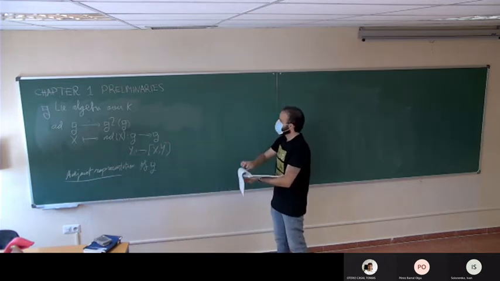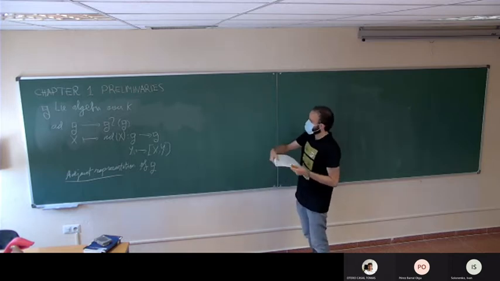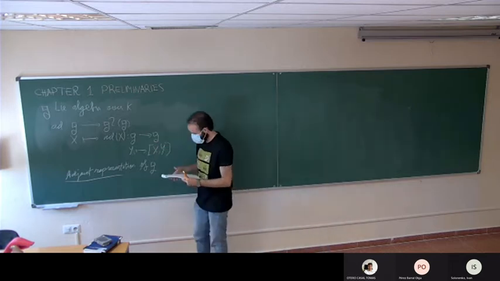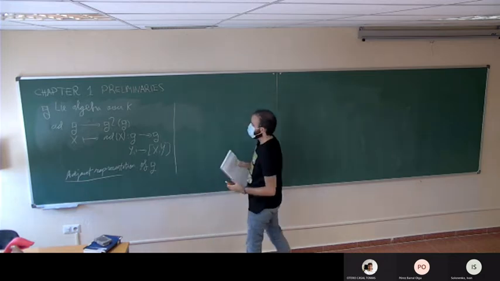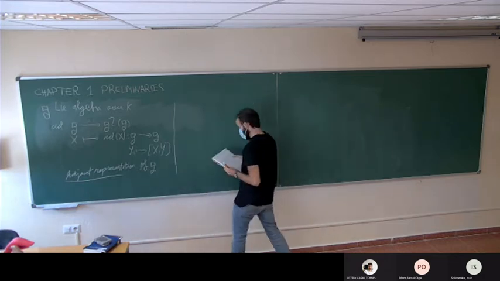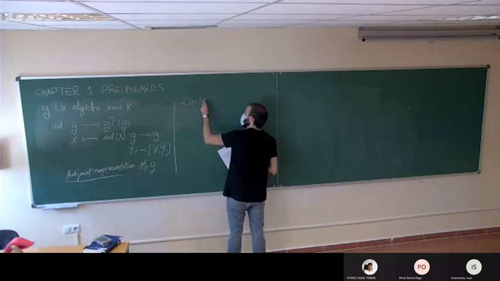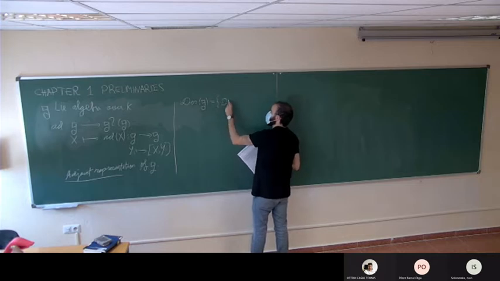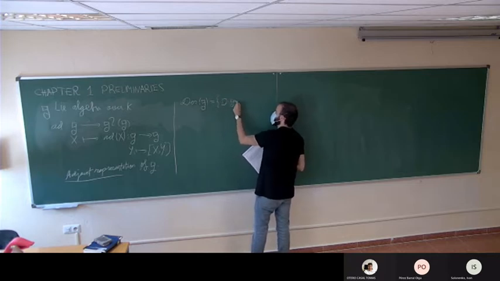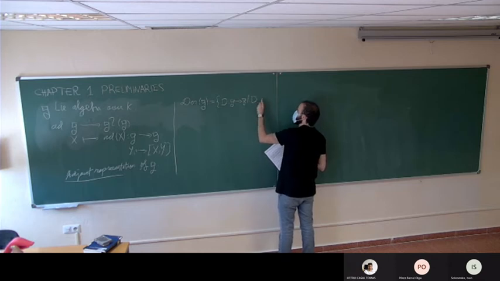So, more on these algebras of endomorphisms. Apart from this Lie algebra, we also have a subspace, which will also be a subalgebra, of all the derivations of G. So we have Der G of all linear maps from G to G, such that D is a derivation.